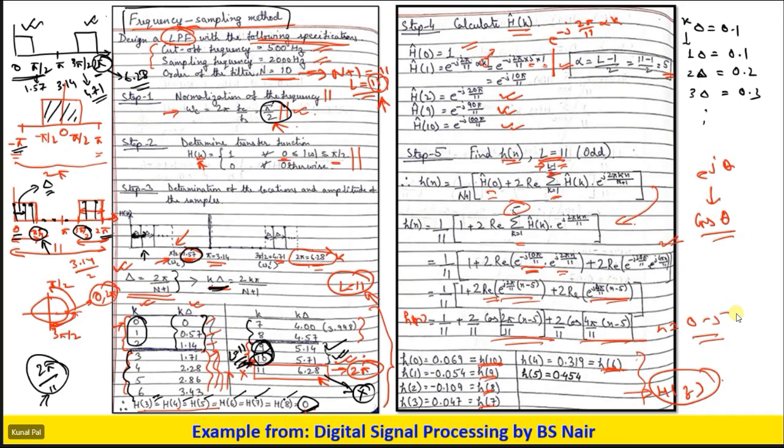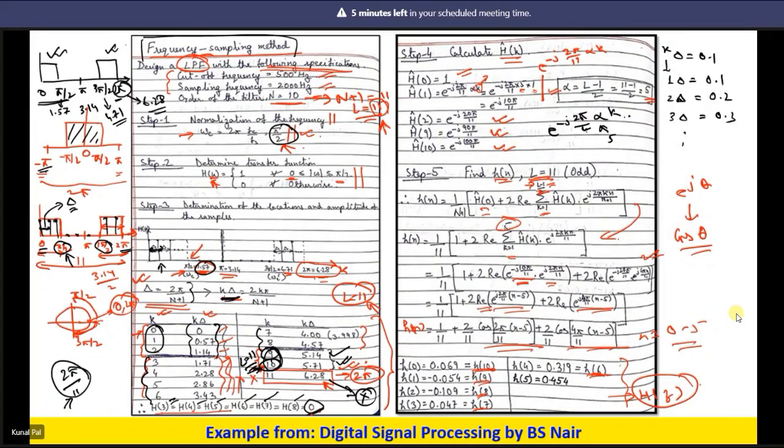Now once you are done over here, you have to use this equation, e to the power minus j 2 pi by L alpha k. L is 11, k alpha is 5, and for k values you will be getting, for h cap 0, you put k value 0, you get 1.